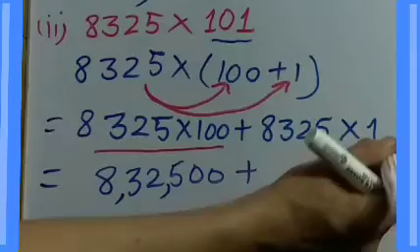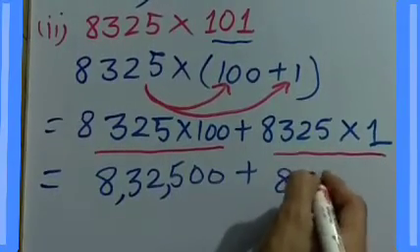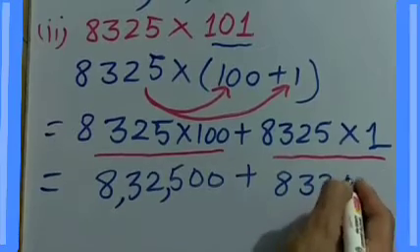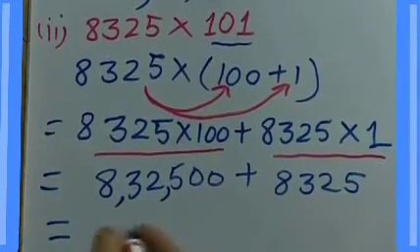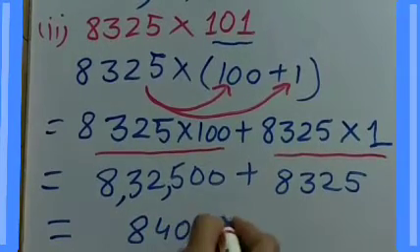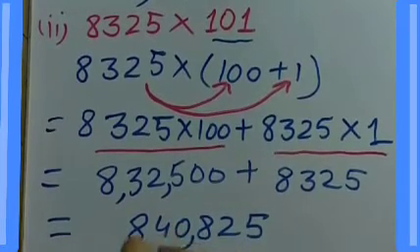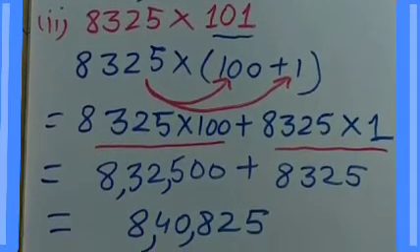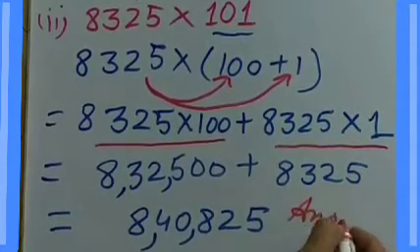Then I get the product of these two, so simple, that is 8,325. On adding both these numbers, my result is 8,40,825. So this is the answer.